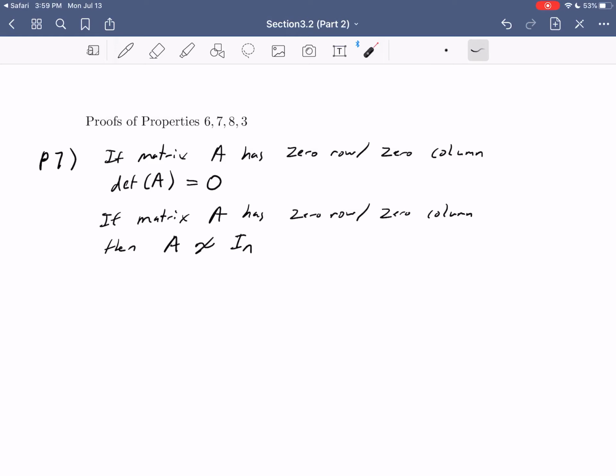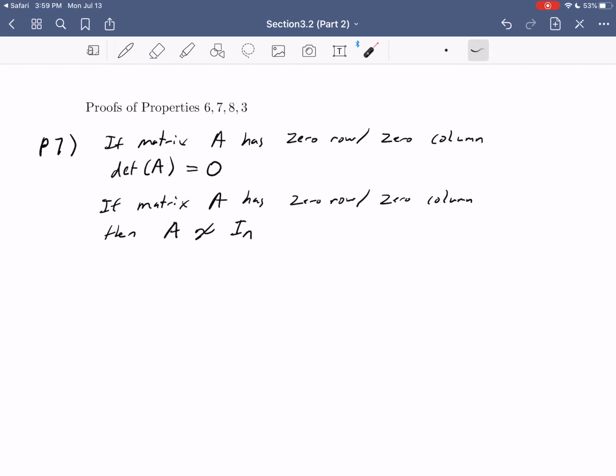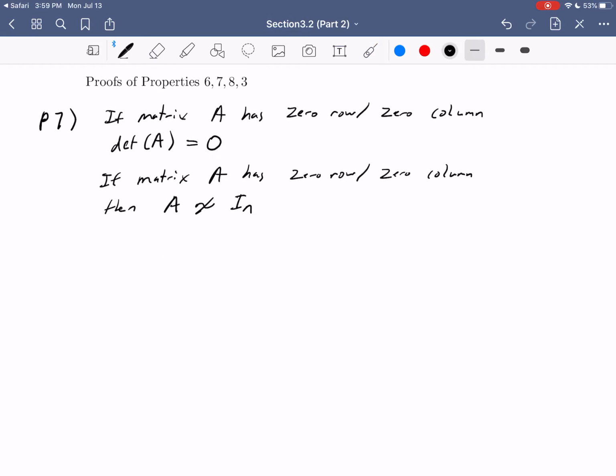If you have a 0 row or 0 column, no matter what you do, you're always going to have that 0 row or 0 column, because as you do the different row operations, it's always going to remain there. So that means that A cannot be row equivalent to the identity. So that means A is not invertible. So that means the determinant of A must be equal to 0. Okay, that's nice and easy.